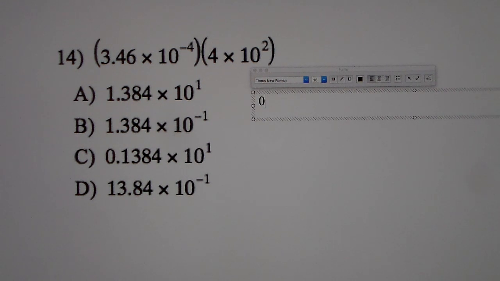So throw a couple zeros in there. 3.46. We're going to now move that decimal place to the left 6 times. So 1, 2, 3, 4, 5, 6. That's my new decimal place location.